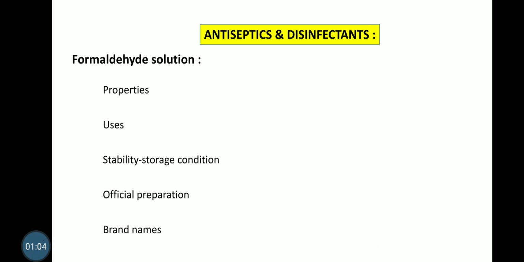Stability and storage: it is oxidized in the presence of oxygen. That is, whenever formaldehyde solution comes in contact with oxygen, oxidation of formalin takes place. It is stored in tightly closed containers in a moderately warm place. Contact with rubber or plastic should be avoided.